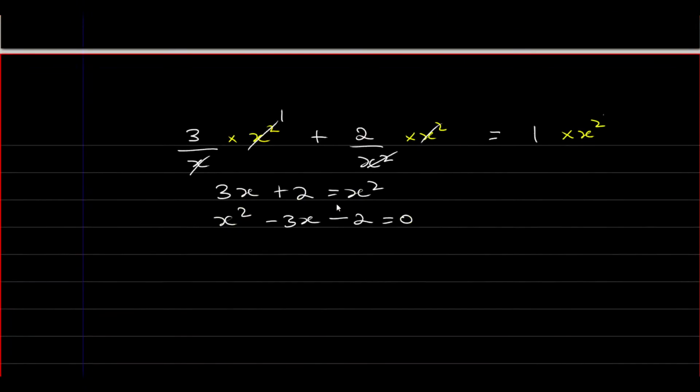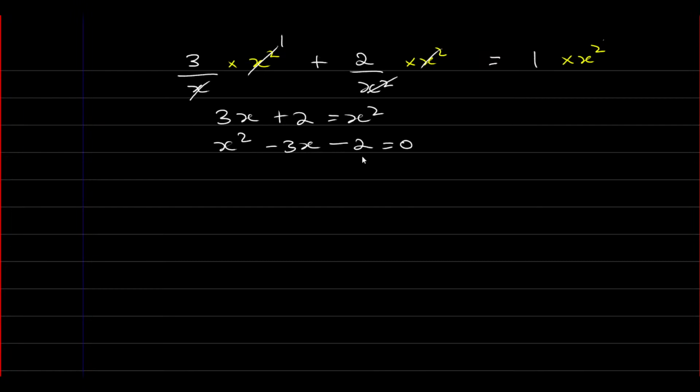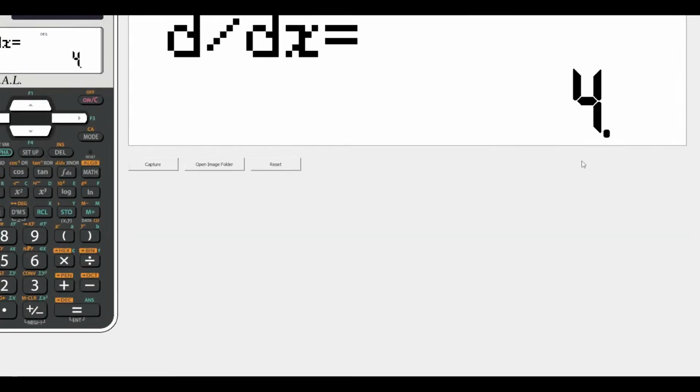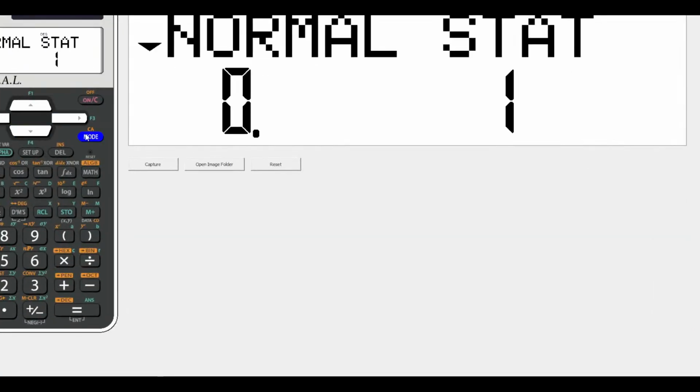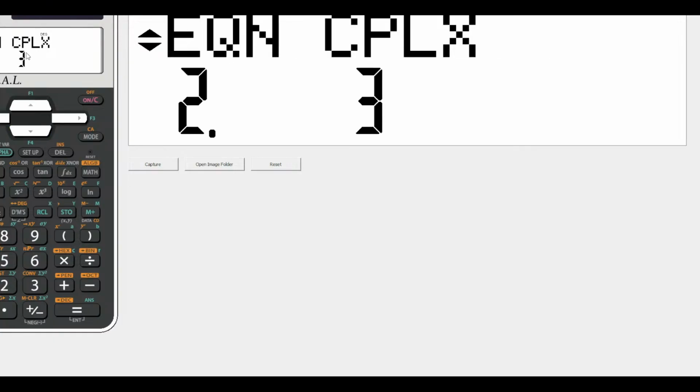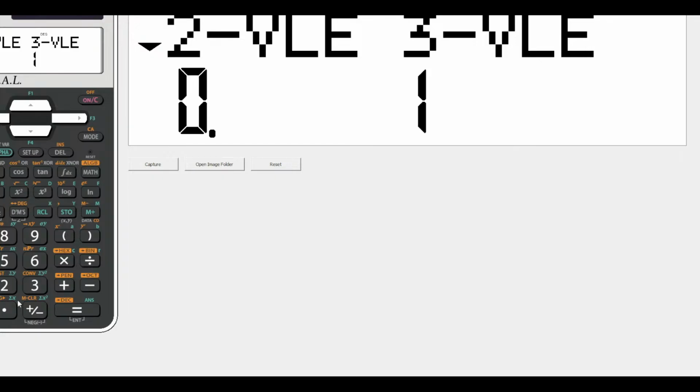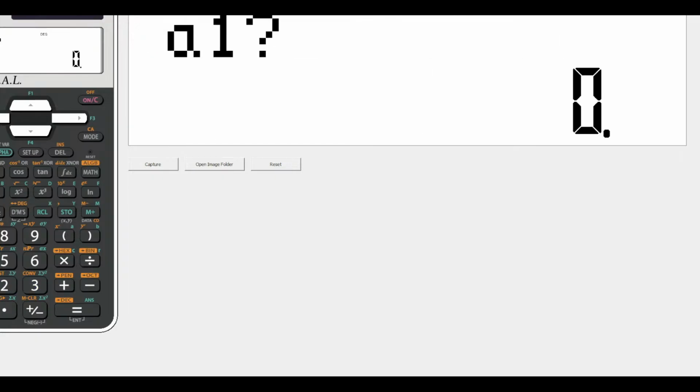All right, so once you reach here, you solve this, and I think your calculator should be able to give you, yeah, equation, let's see, a 3-value equation, I think that's 1. All right, so let's see.